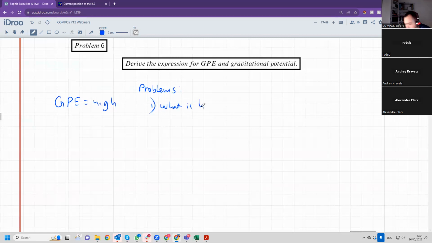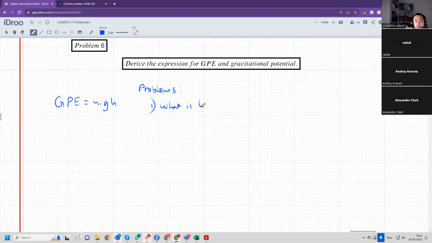If I say, what is the gravitational potential energy of this orange? Well, I would typically measure it from the table. But why am I measuring from the table? Why am I not measuring from the floor? And if I am measuring from the floor, why am I not measuring from the street level or the sea level?